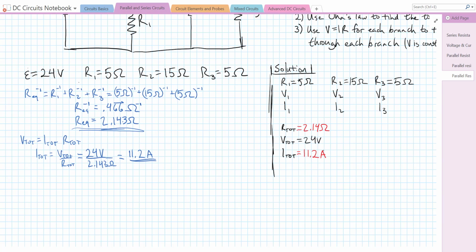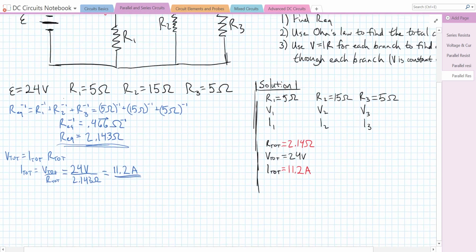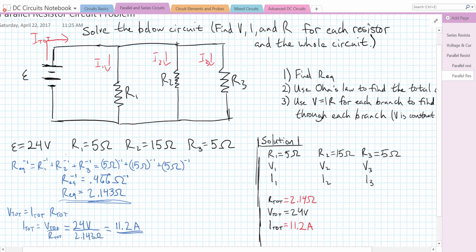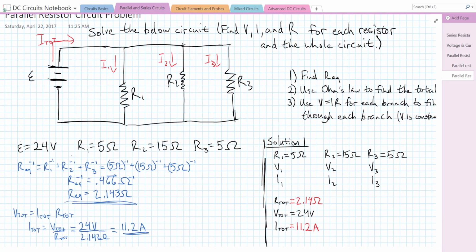Now we need to solve for the individual resistors, the individual branches here. And we're going to use what we know about parallel circuits to do this. First of all, we know that the potential difference across this battery is 24 volts. But we also know that voltage is constant in parallel. So that means if we start on this bottom conductor and we end up on this top conductor, the potential difference is always going to be the same.